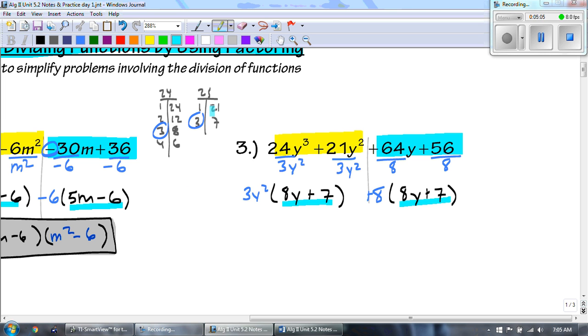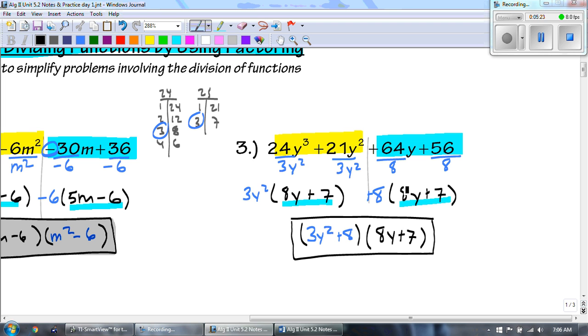So they match, which means we did it right. So 8y plus 7 is one binomial, and my other one is the 3y squared plus 8. Now, if you noticed, I've mixed them up how I do it each time, just to prove it doesn't matter what the order is. Okay?